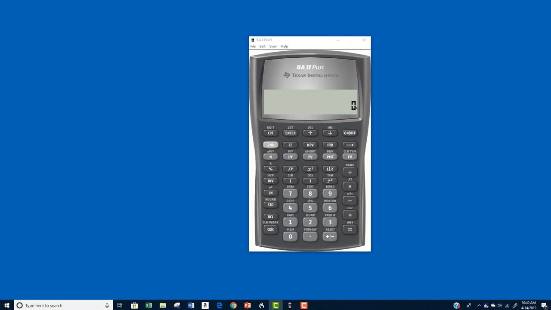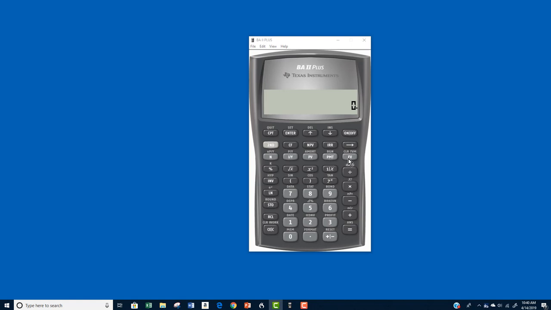Now let's take a look at the financial buttons for the TI Business Analyst 2. The 3rd row is perhaps the most important row for accounting and finance majors. The buttons in the 3rd row will allow you to compute time value of money calculations.